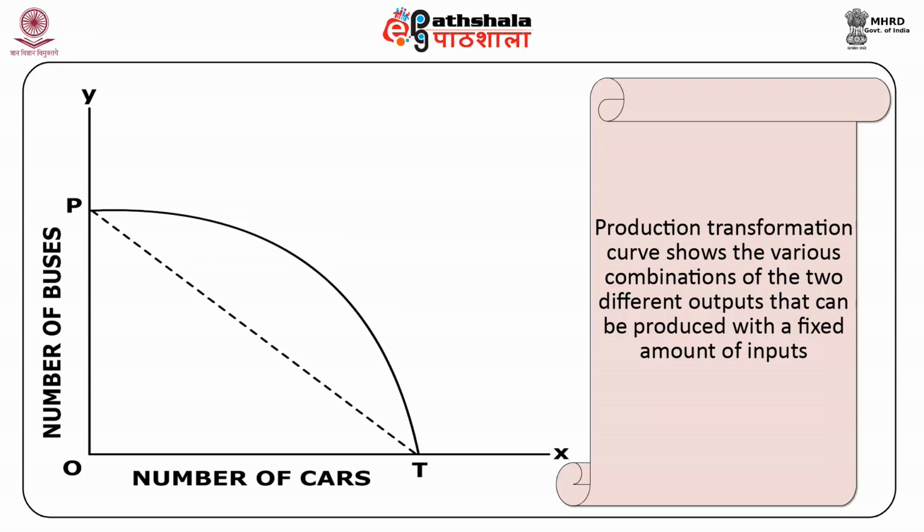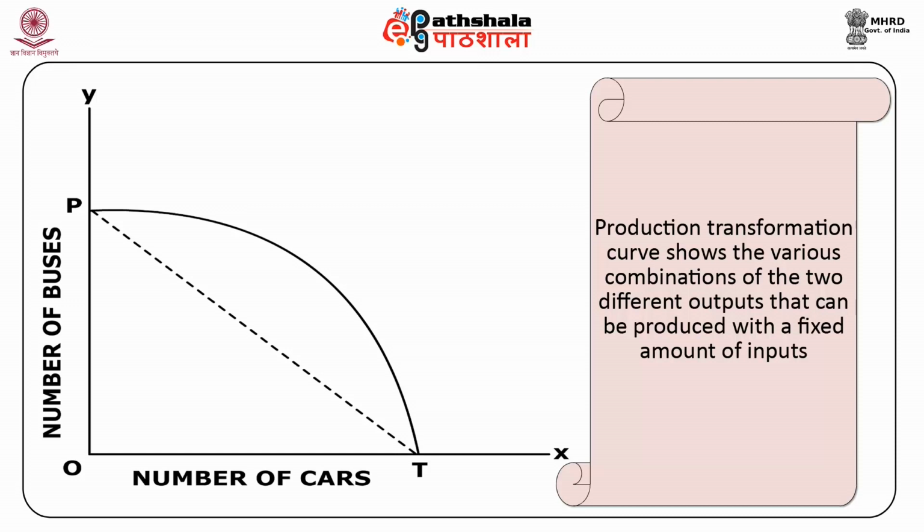The curve is concave in shape, explaining the economies of scope in production. The concave shape explains the advantages of joint sharing of resources, management, and expertise, which leads to cost advantages.